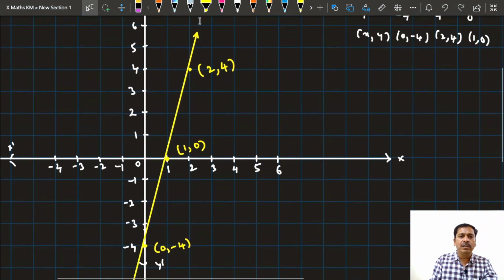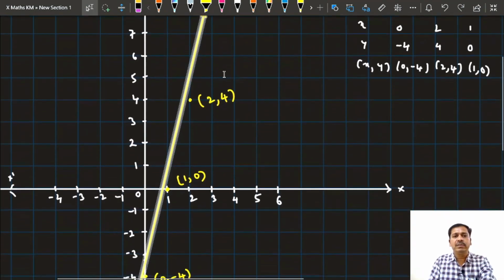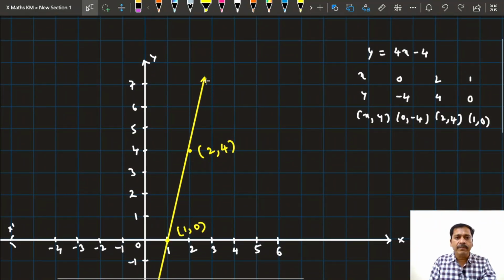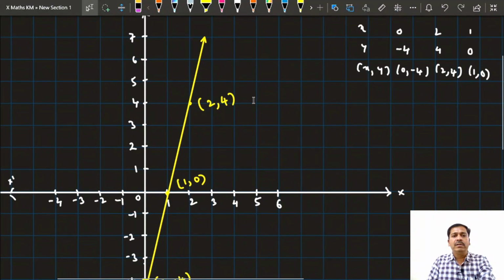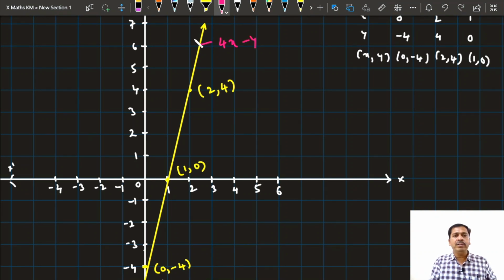This one is the graph representing 4x minus y equal to 4. The first equation is y is equal to 4x minus 4.